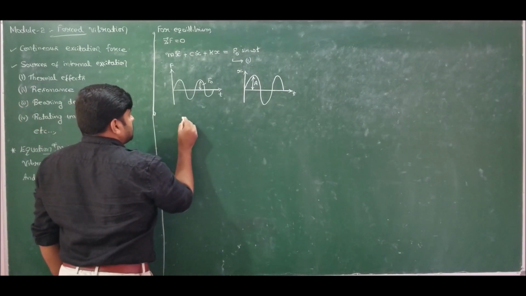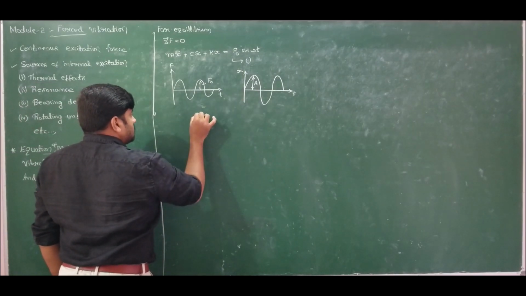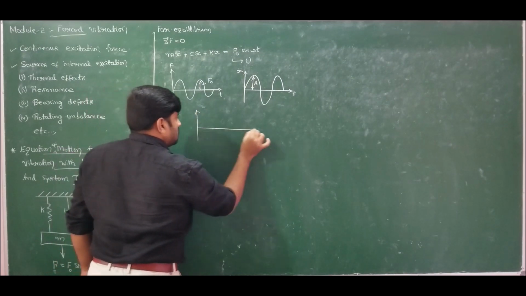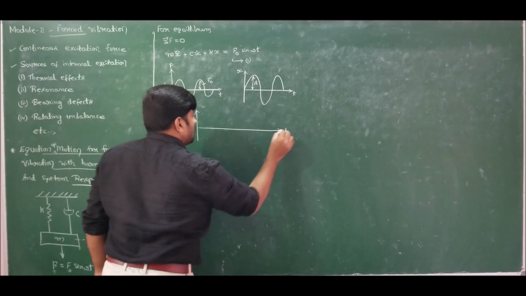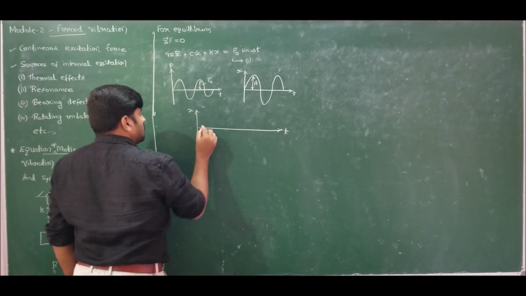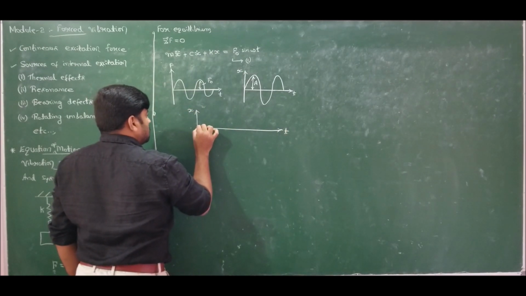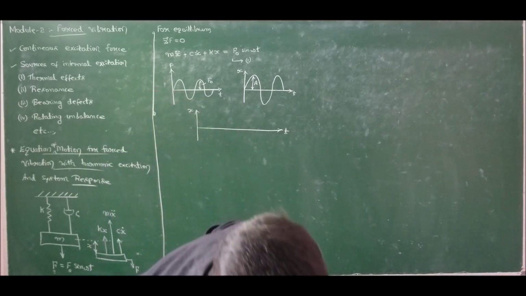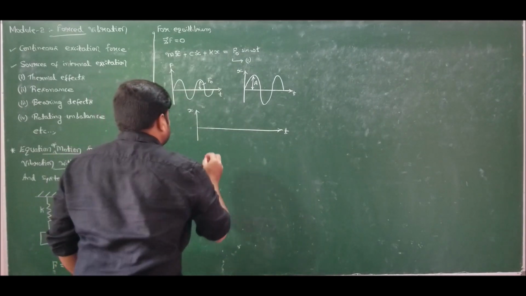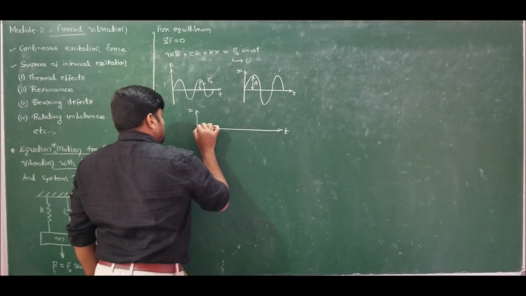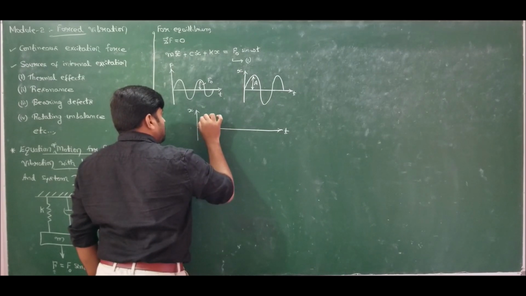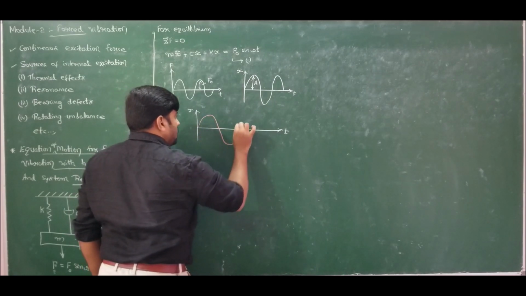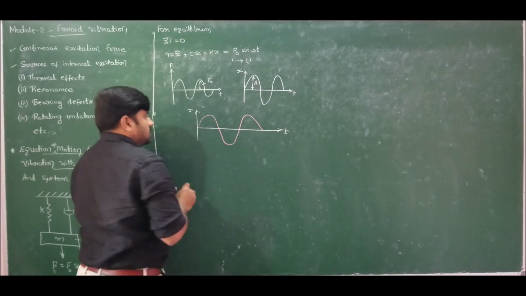Now as I said, since we have the displacement also as harmonic, let me demarcate the harmonic in order to understand nicely what the transient is, which I want to explain. So let us have the harmonic displacement like this.